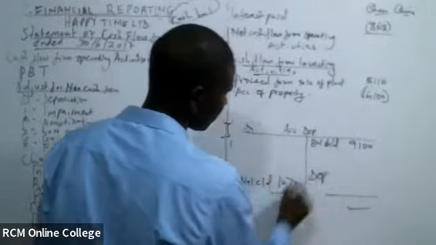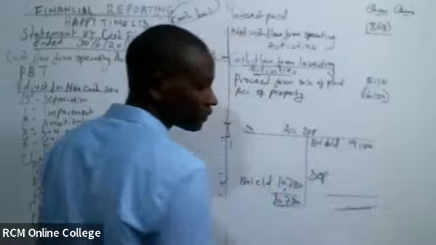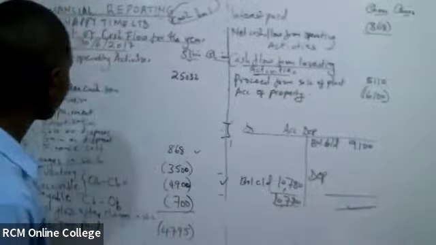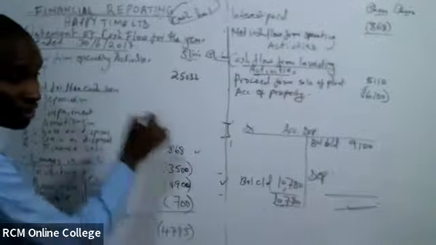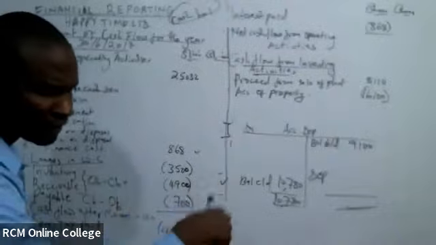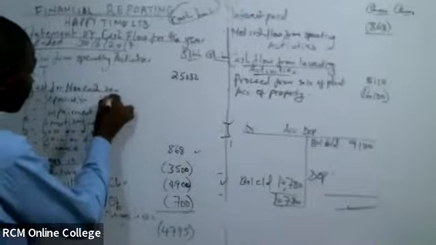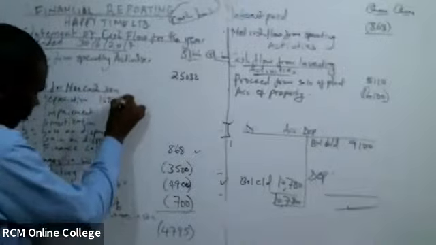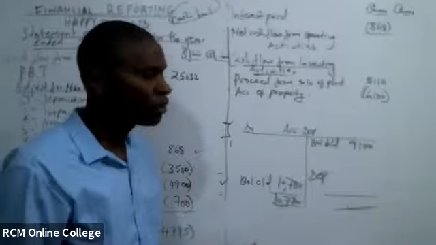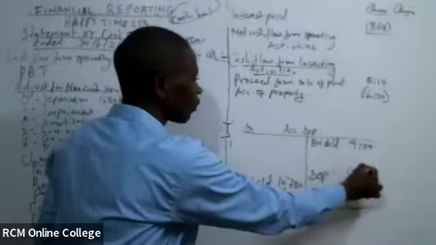So what you get here is the balancing figure, which is what we call depreciation. Give me the depreciation there. How much is it? Just take 10,780 minus 9100. So here I have started getting the depreciation. Whatever balancing figure you give me there is what I will start to put here, slowly. I know I will have another one. 1680. So I put 1680 here, and then I say plus, because I know I also have plant. Plant also depreciates. So in case you want to arrive at your depreciation, that's how we do it.